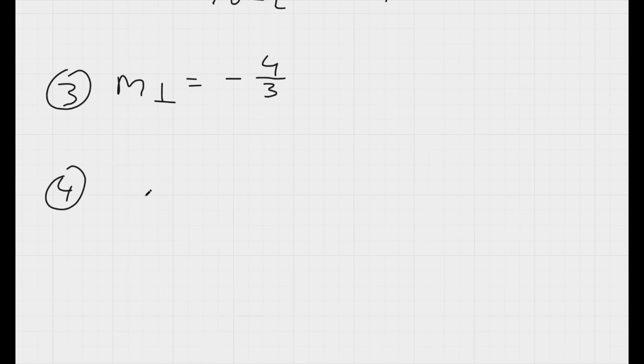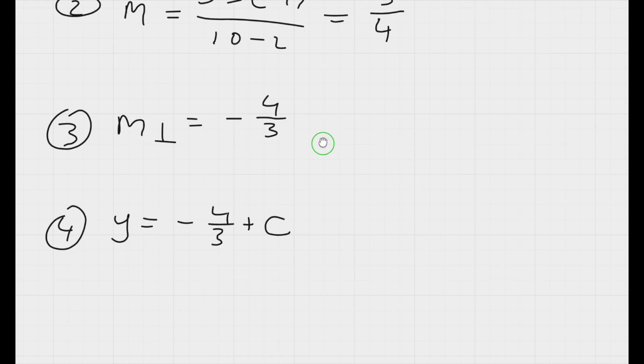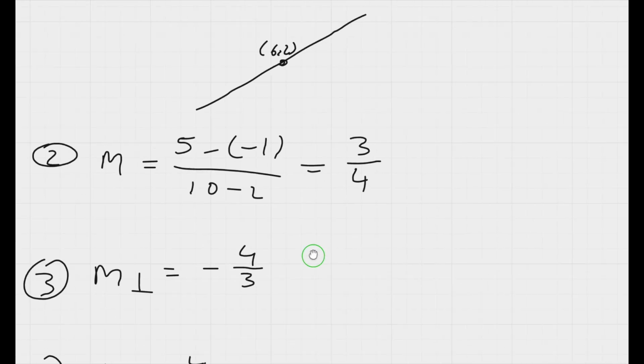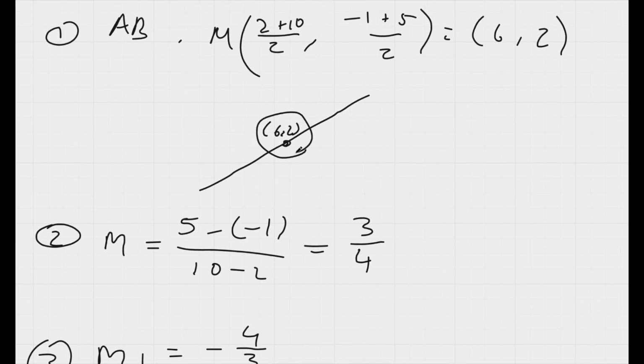So that means that our line is going to have the equation y equals -4 over 3 x plus c. Now you might be asking, how do I find the c? Boom. Your perpendicular bisector goes through this point.